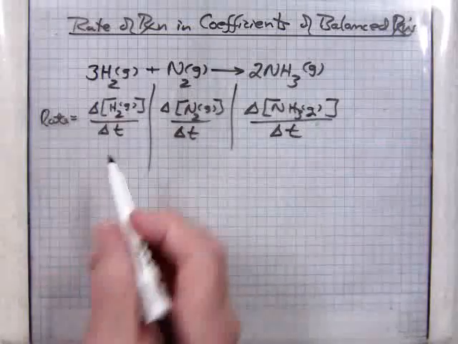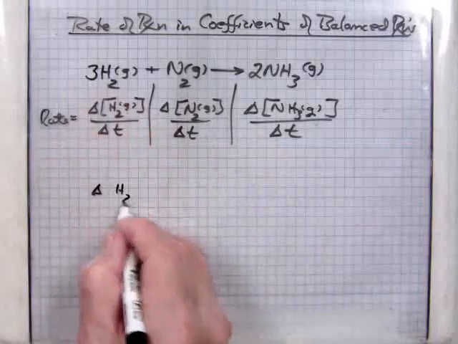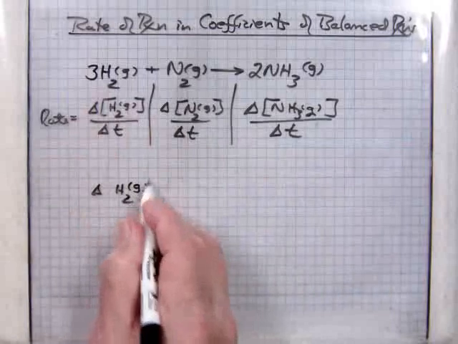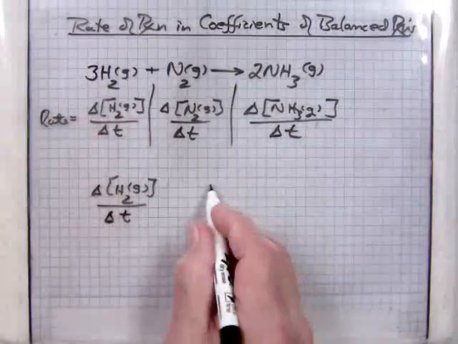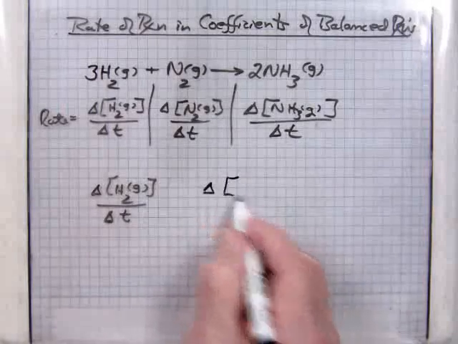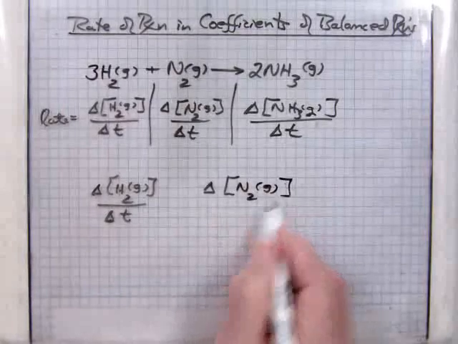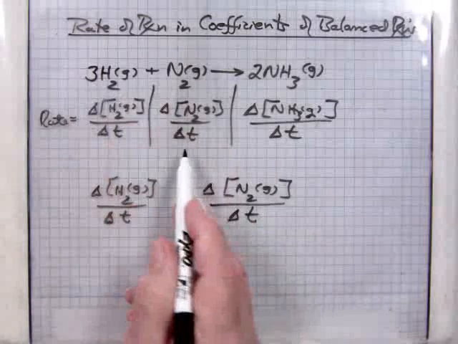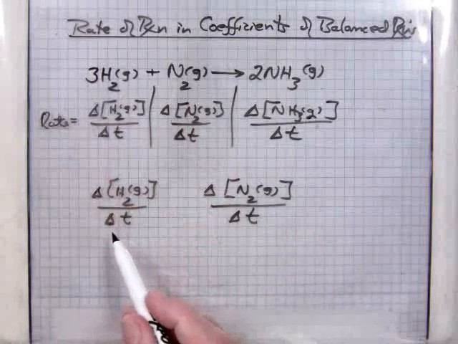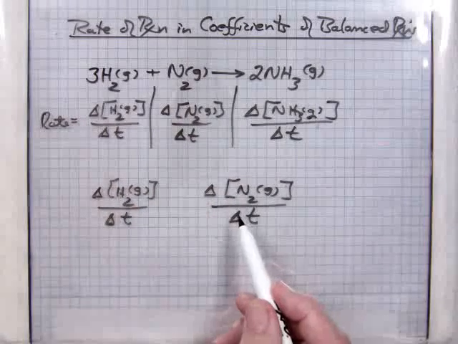Well, if we take the rate of hydrogen and the rate of, say, nitrogen, it's easy to see by the coefficients that hydrogen is being consumed 3 times faster than nitrogen in this reaction.